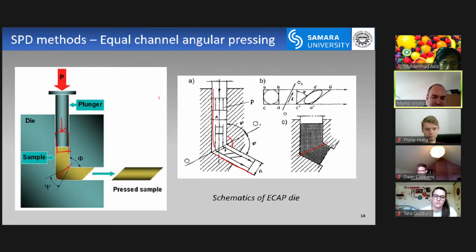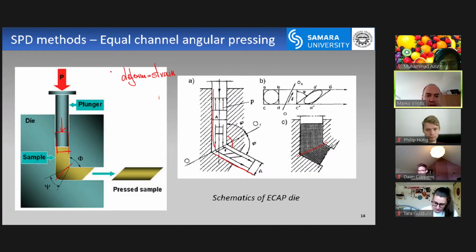Once it passes this intersection plane, you will impose a certain amount of strain. Or we can say deformation is the same as strain, depending on which term you use.